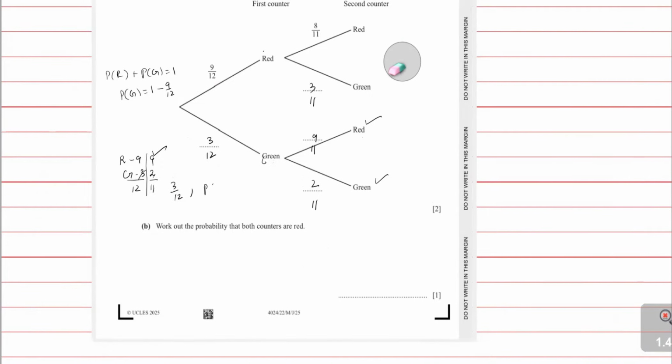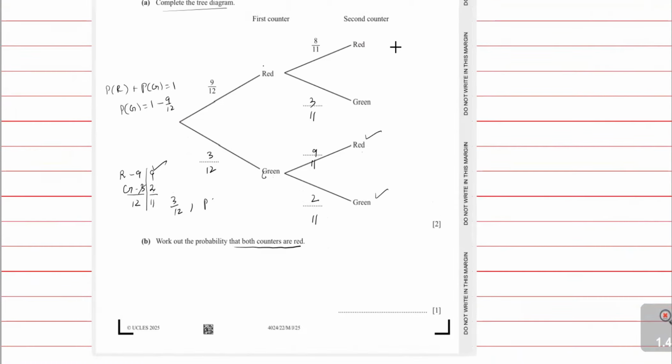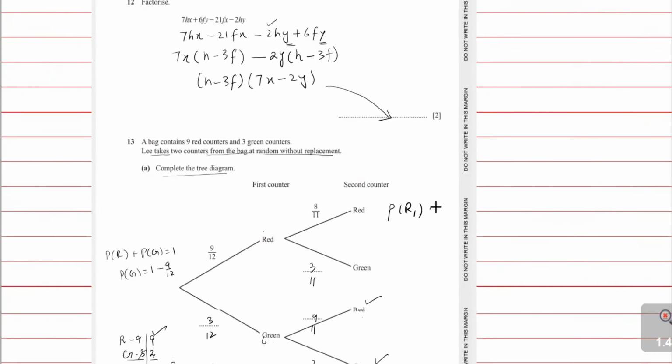Next part B. Work out the probability both counters are red. Look here, the probability both counters are red is the probability of the first red counter and then the probability of the second red counter. Here 9 over 12 multiplied by 8 over 11.